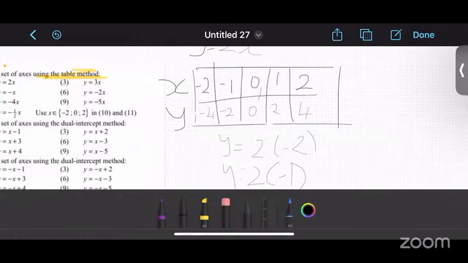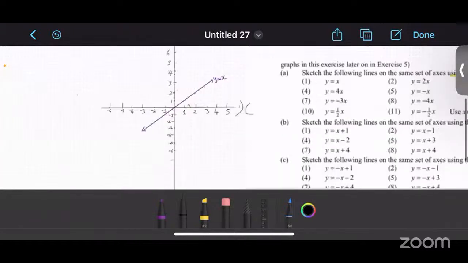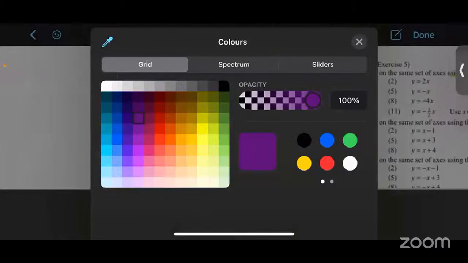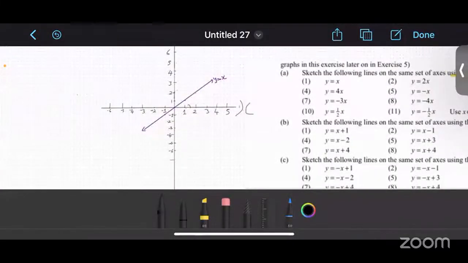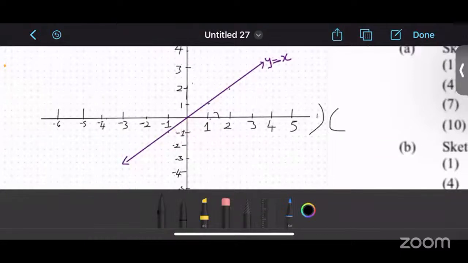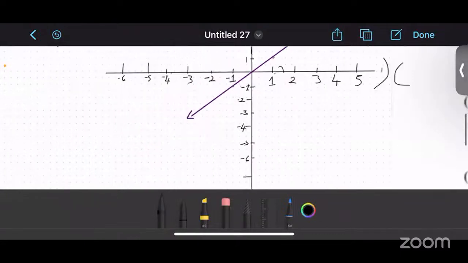So the next thing that you're going to do is to go to your Cartesian plane, the very same set of axes, and plot the coordinates, right? Let's go to our Cartesian plane. Let's use black for now to plot, and we'll pick a color after.